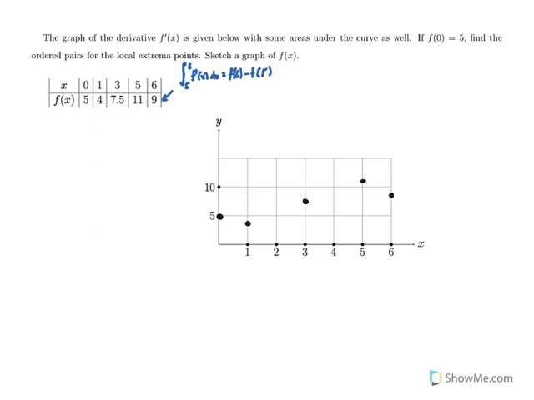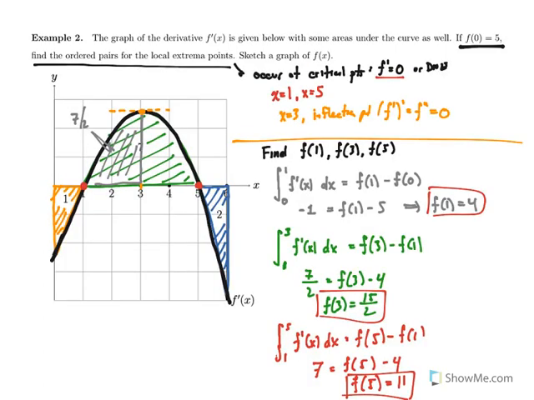And we found that at 1, 4, we have a local min. At 3, 7.5, we have an inflection point. And at 5, 11, we have a local max.